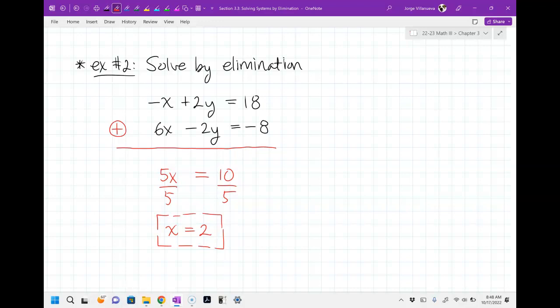I'm going to take that x equal to 2 and plug it into either the top or the bottom equation. You get to choose, but like I said, if you don't want to choose, just plug it into the top. Let's see what happens. So here we go, x is 2.